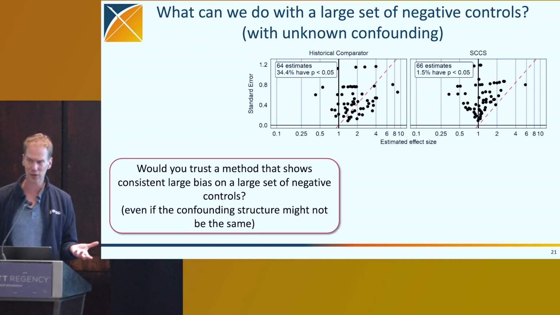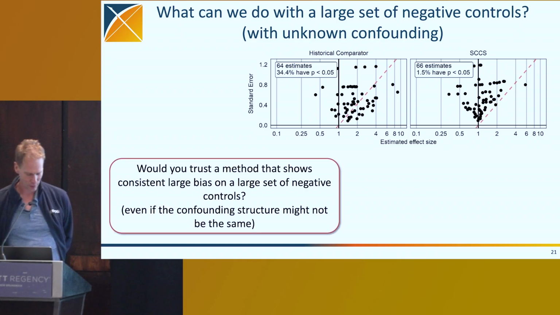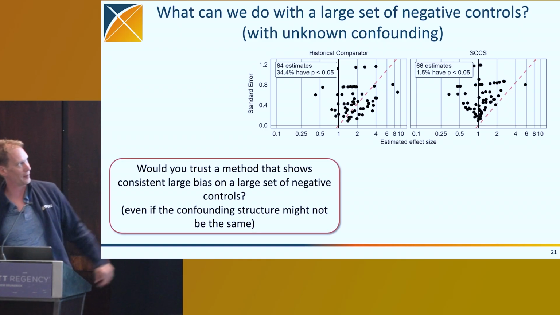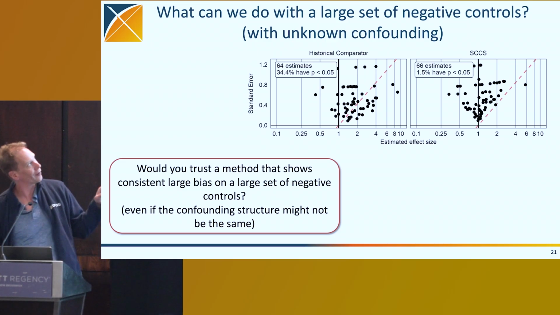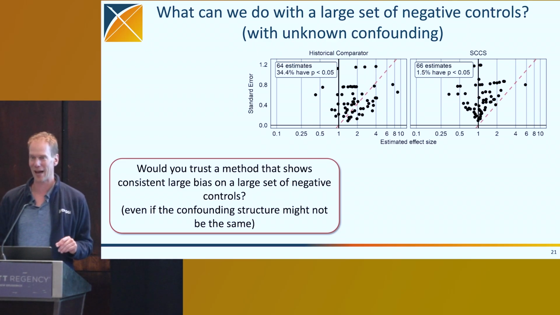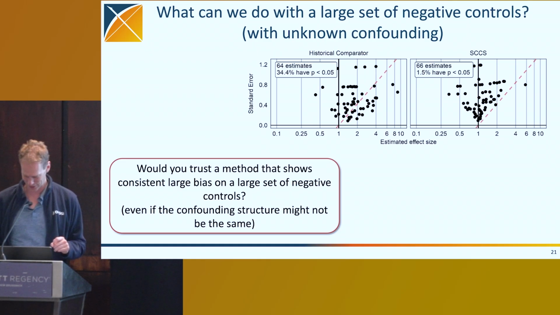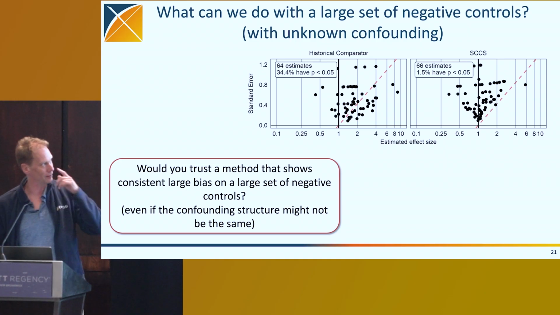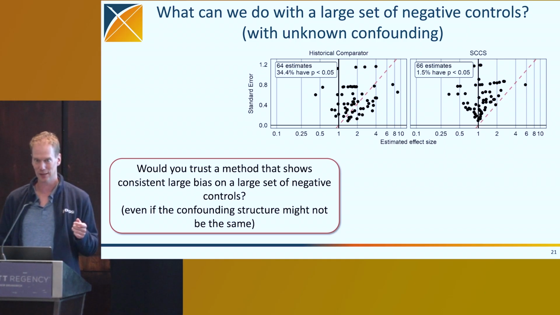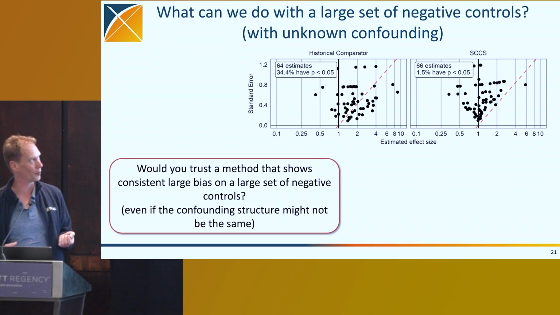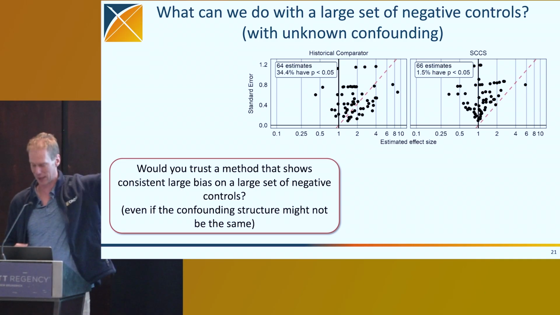And so if you see something like this, which method would you trust more? The one that says that 34% of negative controls actually have an effect, or the one that doesn't show an effect for the negative controls? I think the intuition is fairly straightforward: you don't want the left method, you want the right method.